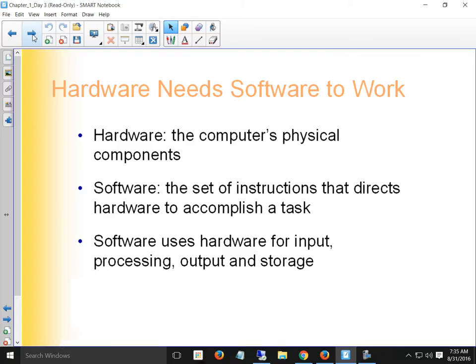And lastly, software uses hardware to give us our GUI, our graphical user interface, the Windows that we see in our browser and everything else. So software uses the hardware to create our effective device that we use on a daily basis. Without one, the other does nothing, both ways.